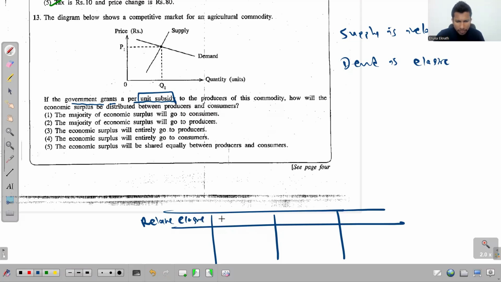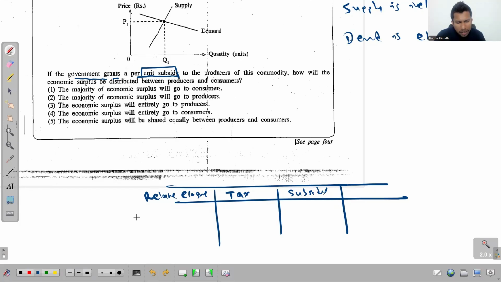Relative elasticity. And this is a situation where the government imposes a tax, and this is a situation where the government imposes a subsidy. Now imagine that price elasticity of demand is lower than price elasticity of supply, which means demand is relatively inelastic. So let me write demand is inelastic.